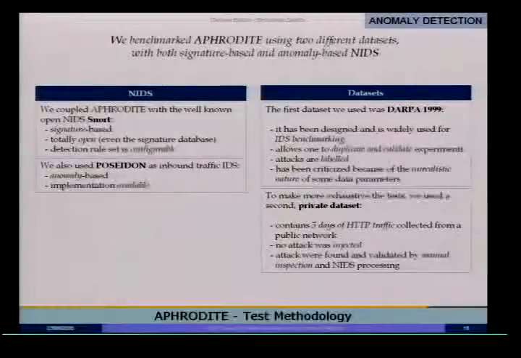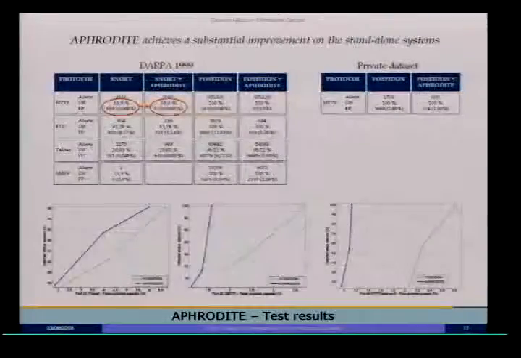It was a choice to see how strong our system was in a real condition, because when somebody is deploying an intrusion detection system, they don't have time to clean the data set. The data will be the same that the system will see every day. So these are the benchmarks.